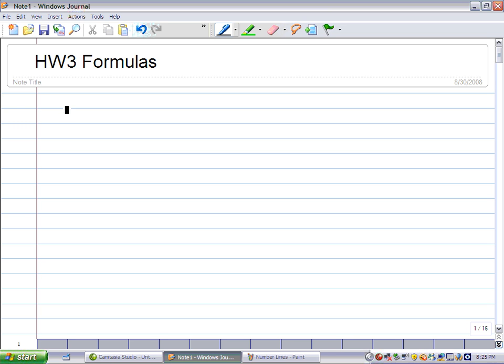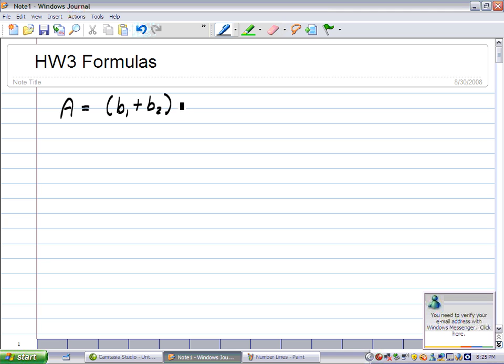So let's do an example. First example is going to be for a trapezoid. The area of a trapezoid is its base 1 plus its base 2 times its height divided by 2. So if we know these values for B1, B2, and H, we can find A. I might point out that these little numbers, these 1s and 2s here, are called subscripts.